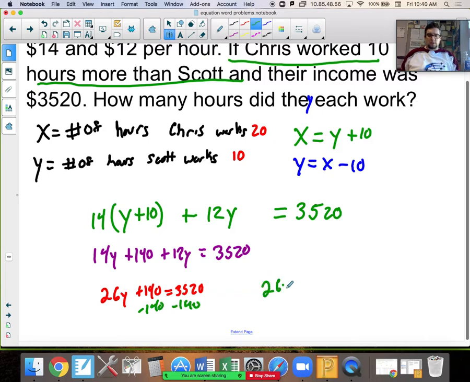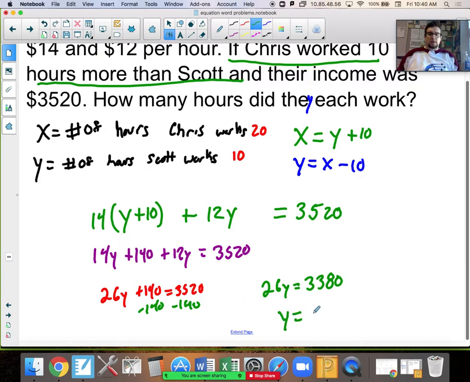I get 26y is equal to whatever 3,520 minus 140 is. I believe it's 3,300 something. I want to know exactly 3,520 minus 140. Yep, 3,380. Divide that by 26.